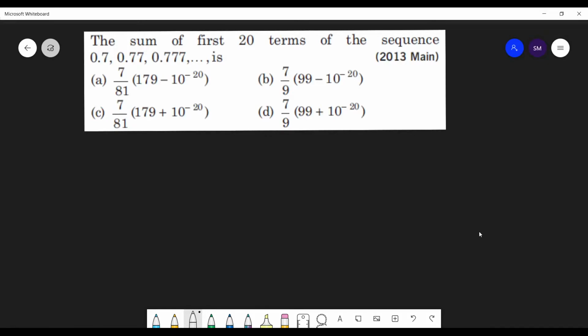Students, that's the first question for today. So we are doing the sum of n terms and infinite terms of a GP. You can find the answer to this question.